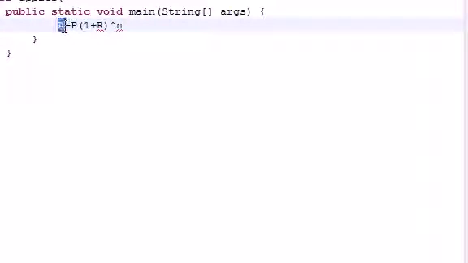So we want to solve for A, and we need P, the principal, 10,000, times 1 plus 1% to the power of n.